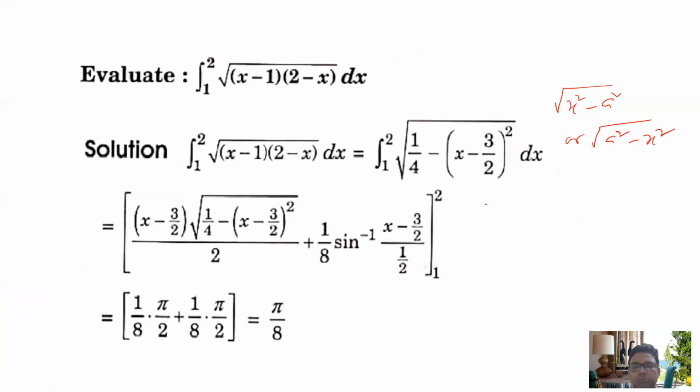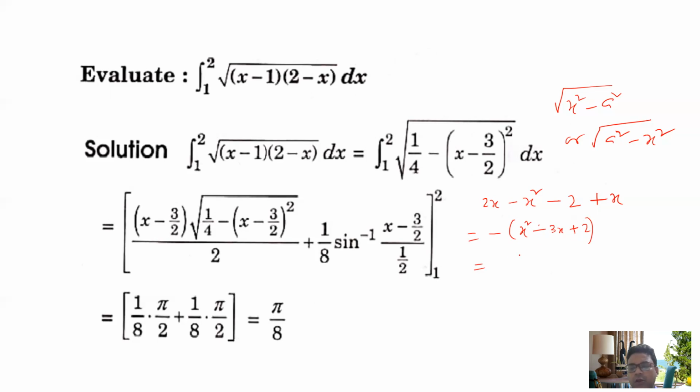Suppose what you are taking is 2x minus x square minus 2, plus x, 2x minus x square, 2x minus x square minus 2. So from here you may write minus common, x square minus 3x plus 2.